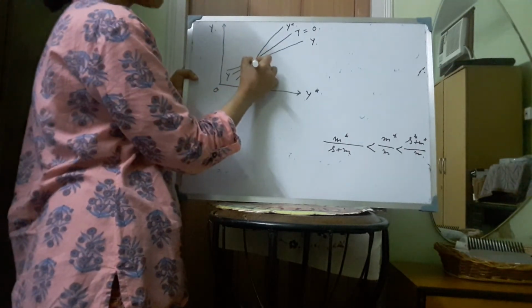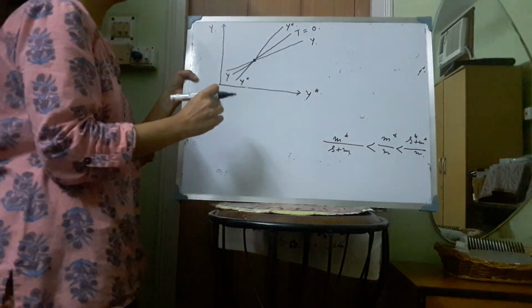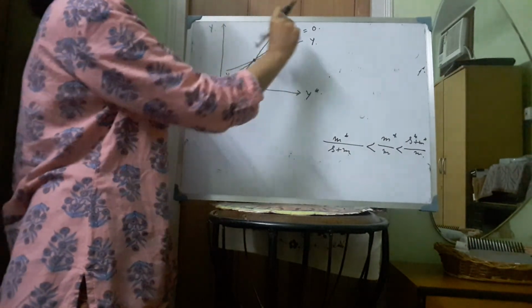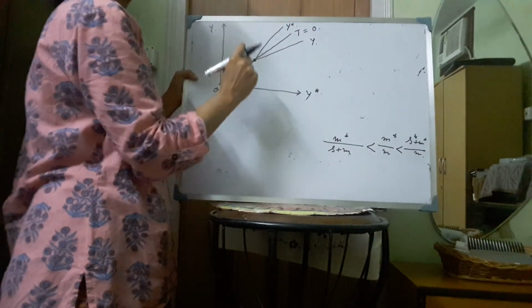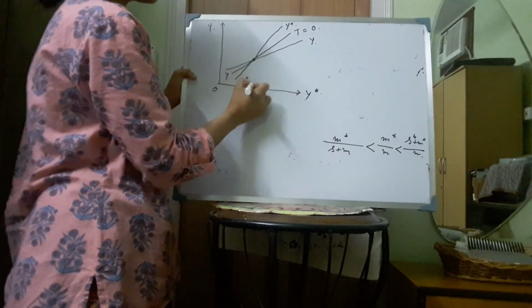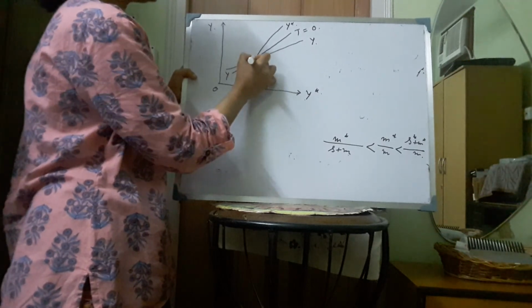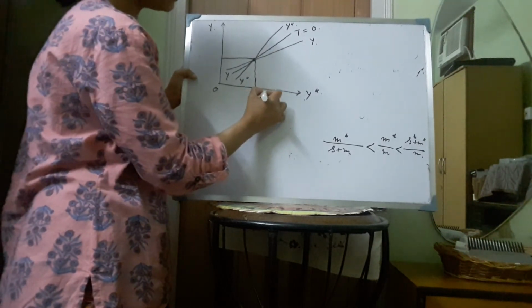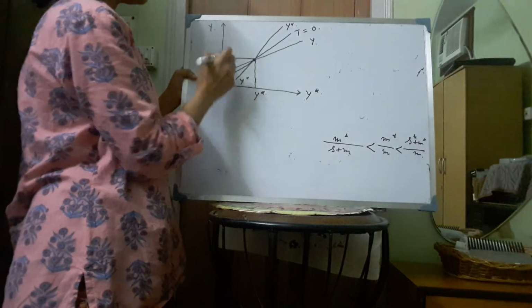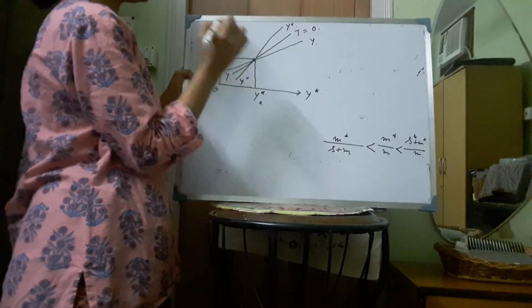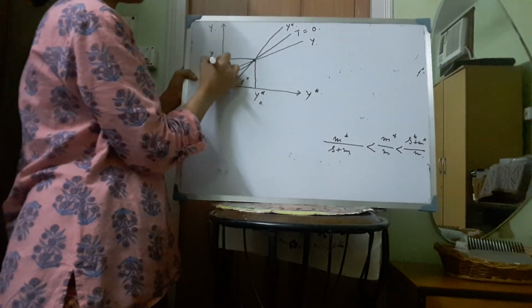So here we will have the equilibrium at the point of intersection between these three lines, y, y star and T equal to 0 straight line. And the equilibrium incomes in the foreign country and home country are denoted by y star. So this is y0 star suppose, and this is y0.